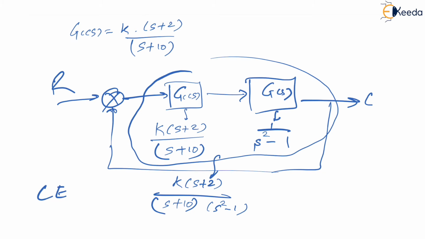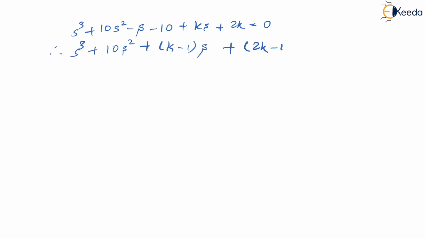Now the characteristic equation is nothing but 1 plus this equal to 0, right? So if you do that, you get s³ + 10s² + ... and this becomes your characteristic equation.